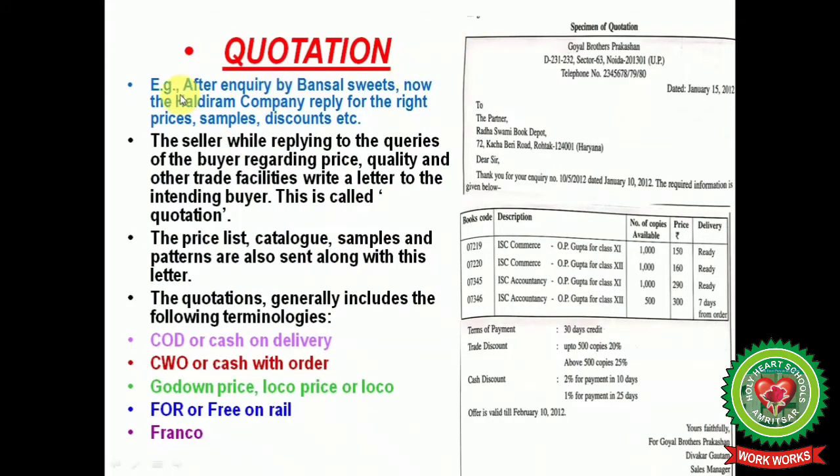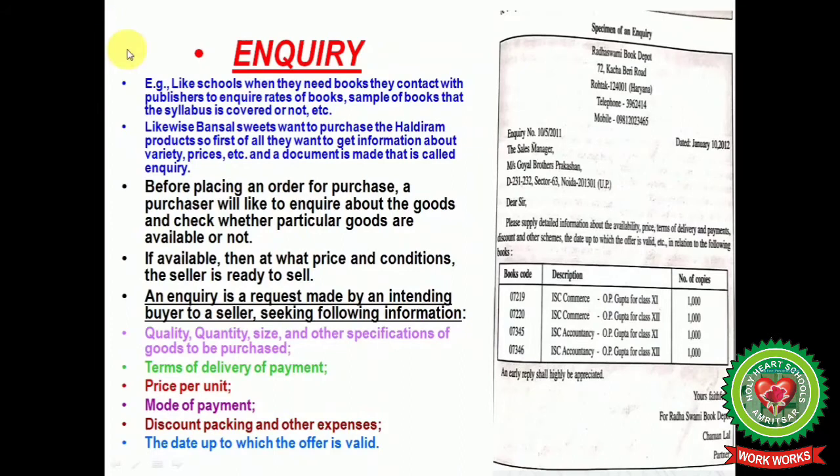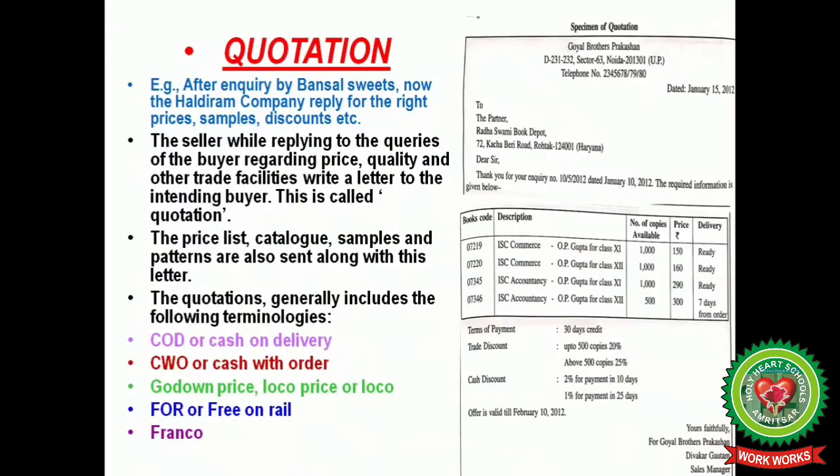After the inquiry by Bansal Sweets, we will take the same example as in the previous inquiry, that Bansal Sweets wants to purchase Haldiram products. First of all, they will inquire about the product. Now, after the inquiry, the Haldiram company replies to Bansal Sweets with the prices, samples and discounts.